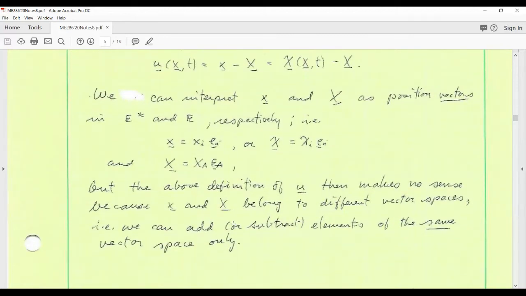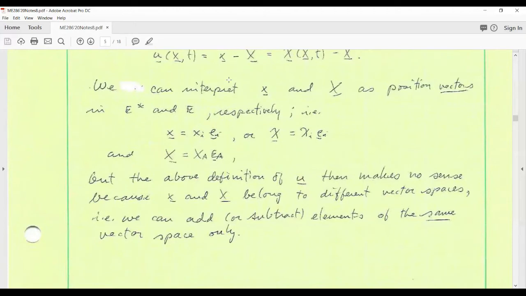So we have to fix this in order to properly define the displacement. And that's a prerequisite for setting up a theory for small displacement gradients. We had better get the displacement right, a consistent definition of displacement, before we then work with displacement gradients.